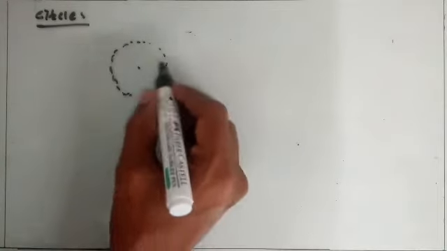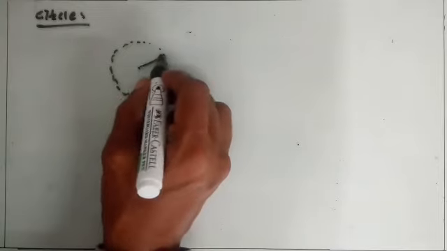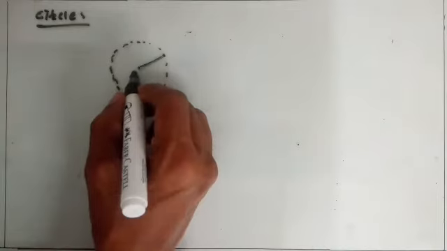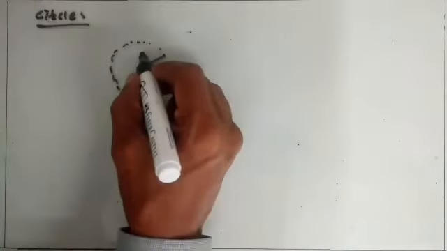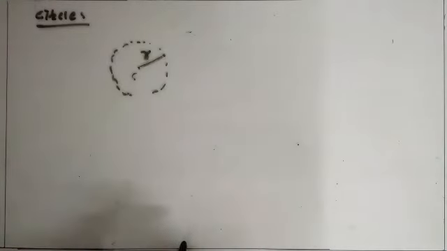Secondly, the set of all points in a plane which are at a constant distance from a fixed point is called a circle. Here the fixed point is called the center of the circle and the constant distance is called the radius of the circle. Clear?